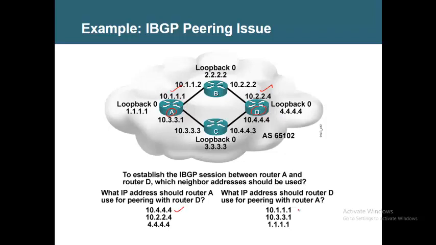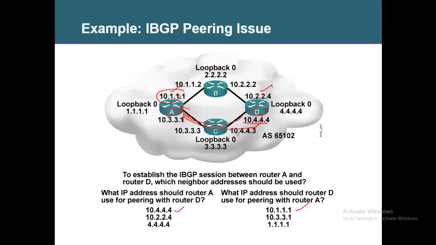Now, if this router sent a packet on this link, what will be the source address? See, to reach this address, D can also come this way, no? Yes or no? If it comes that way, what will be the source address? 10.4.4.4, isn't it?